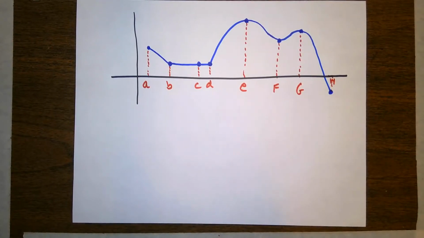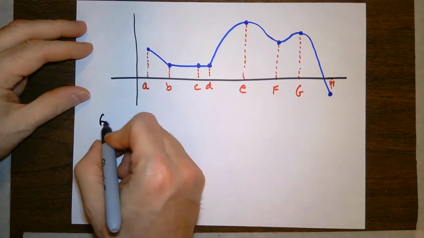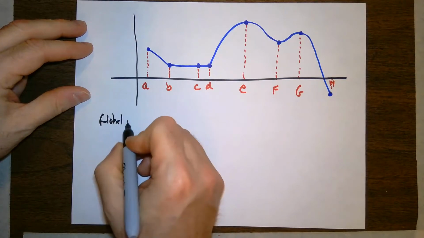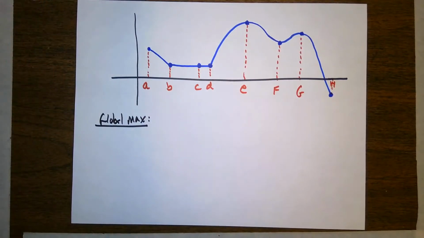I want to look at all of these points and ask a bunch of questions about what's going on here. I want to identify certain things from this graph. First, are there any global max, or absolute maximums here?